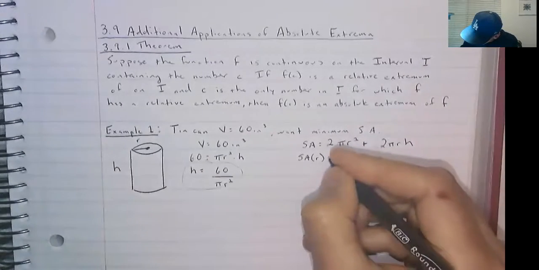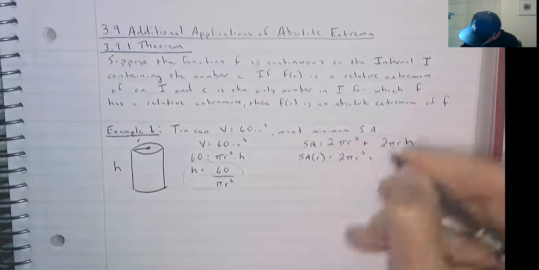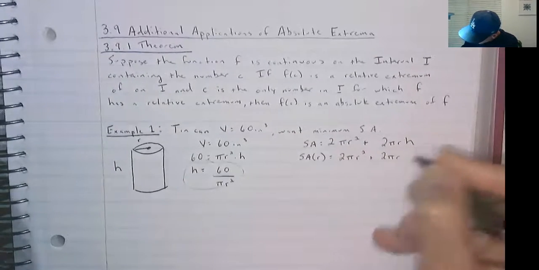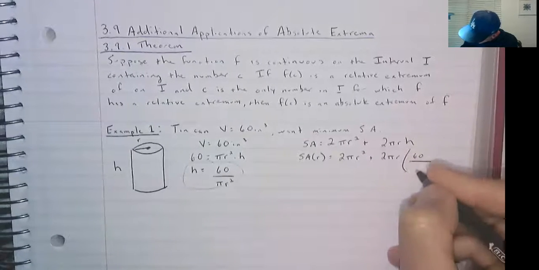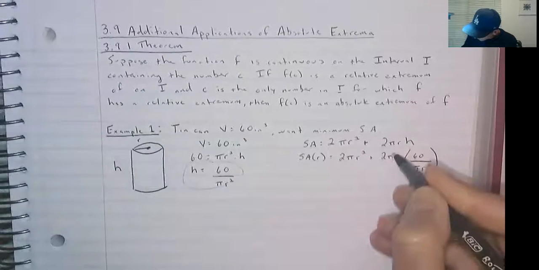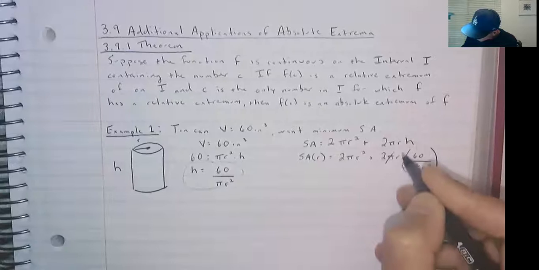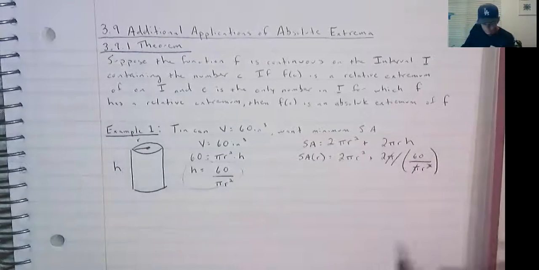Surface area with respect to the radius is going to be 2 pi r squared plus 2 pi r, subbing in the h now is 60 over pi r squared. Those pi's will go away. This r will go away, and that square will go away.